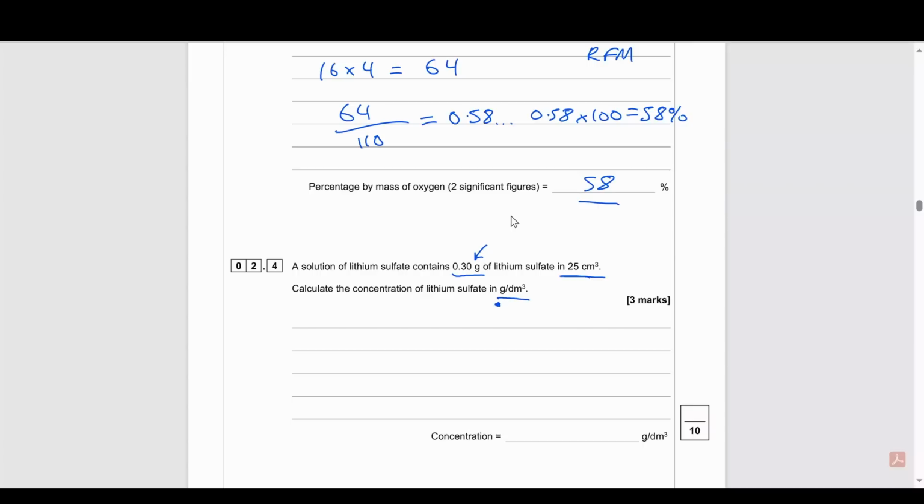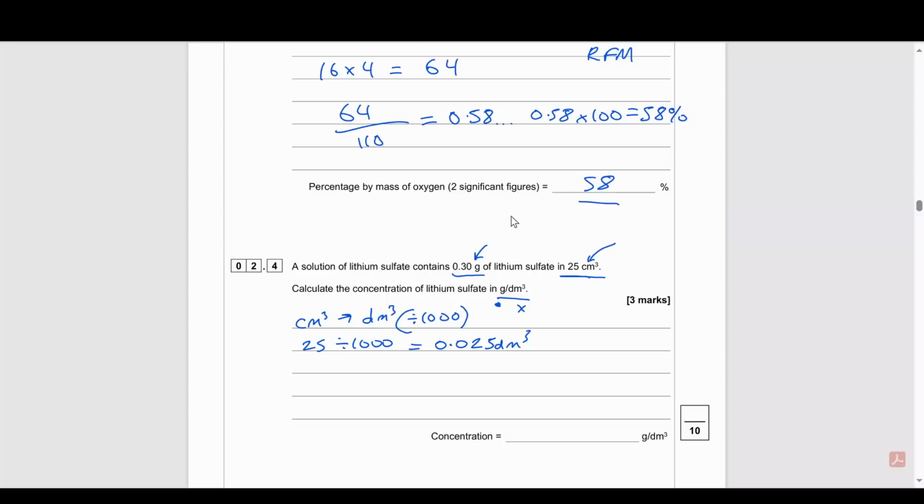But our volume that's given to us is in centimeter cubed, and that's not the same as decimeter cubed. So the first thing that we want to do then is convert our centimeters cubed to decimeters cubed. So to do that, we must divide by 1000. So we're taking 25 centimeter cubed, dividing that by 1000, and we come up with an answer of 0.025 decimeter cubed.